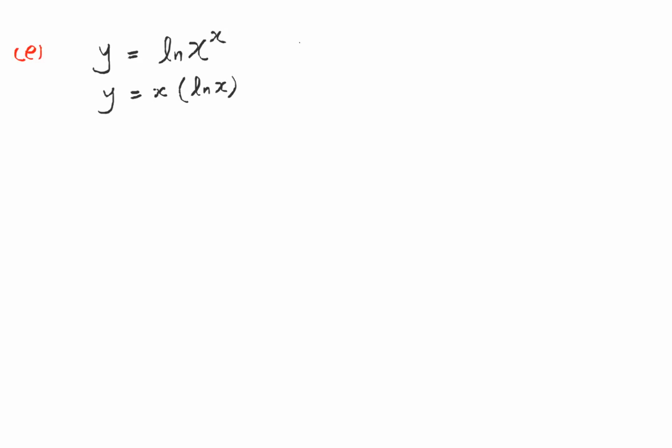What is your name? Lian. Product rule. Yeah. So your u is x, your v is ln x. So please use the product rule and get the answer.